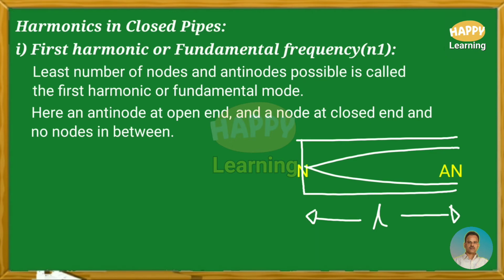An antinode at the open end, a node at the closed end, the length of the tube is L. Here L is equal to lambda 1 by 4. So half of the loop is equal to lambda by 4. As it is case 1, the fundamental case, we are using the wavelength as lambda 1. L equal to lambda 1 by 4, or lambda 1 is equal to 4L.